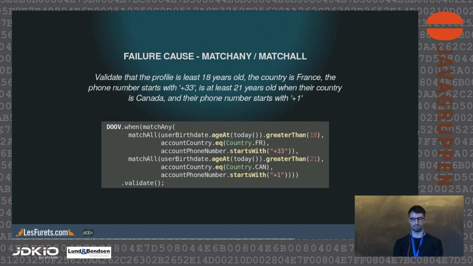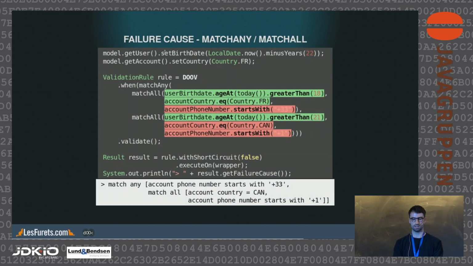Here, if you instantiate your model and you only put a birth date and a country, those are the nodes that are going to fail. So here, the phone number is not good, and if you take the other AND here, the country is not good and the phone number is not good.